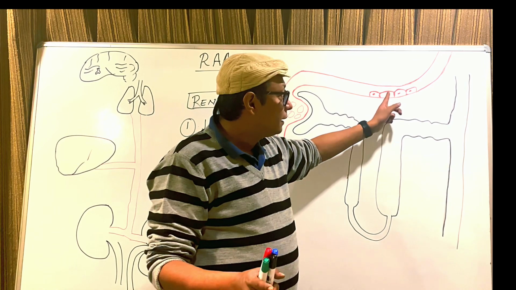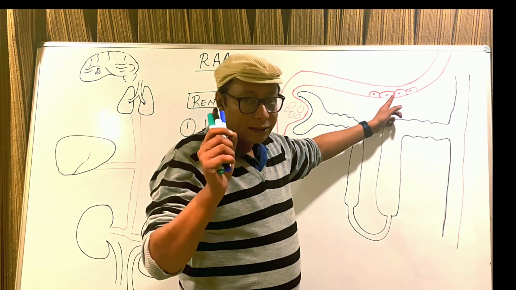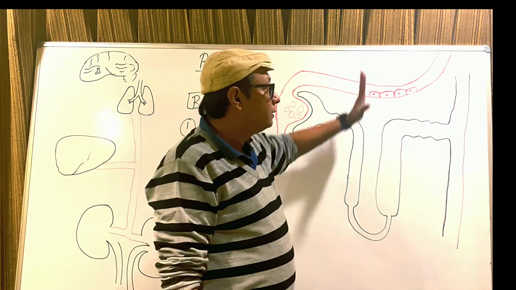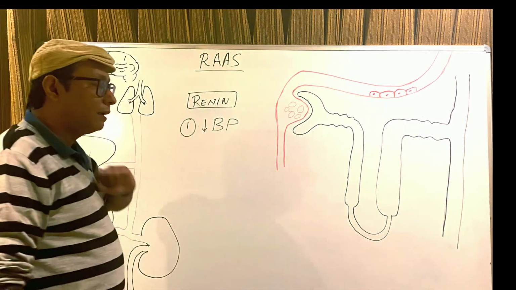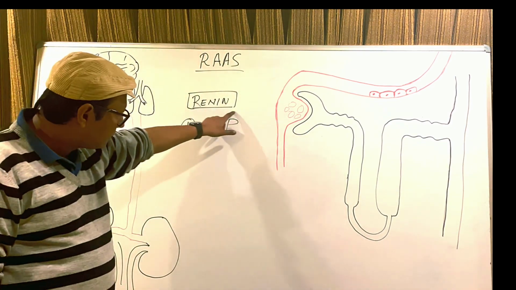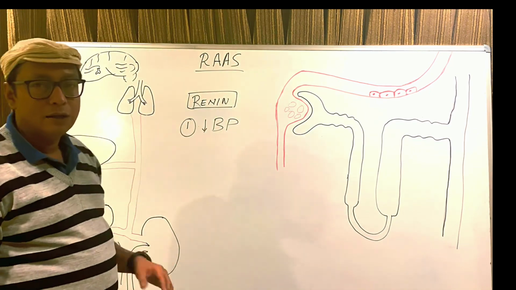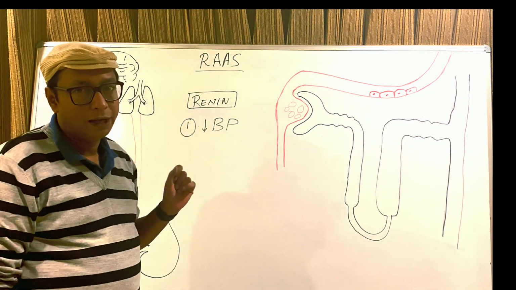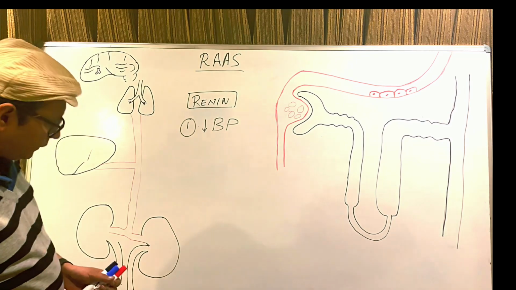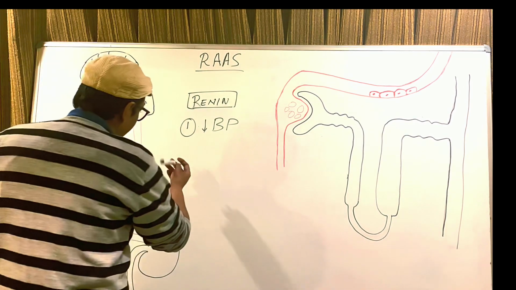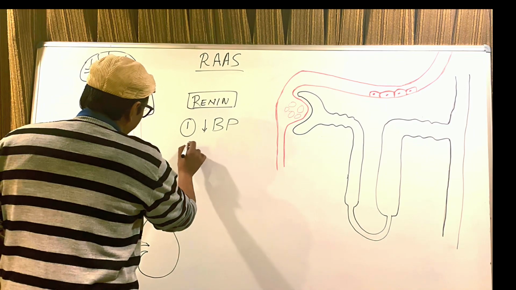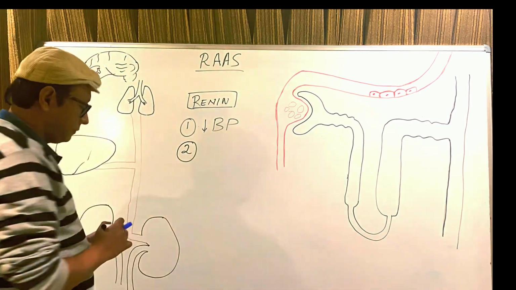Because they contain granules which contain renin, and it is liberated into the bloodstream. So the first thing that we came to know is that renin is released whenever there is a drop in the blood pressure.